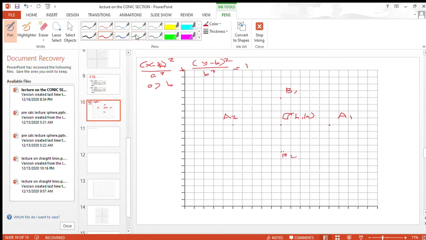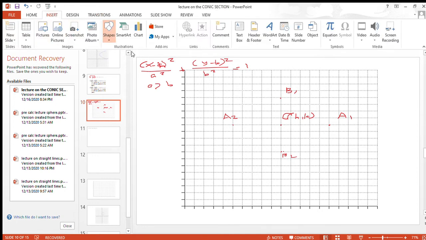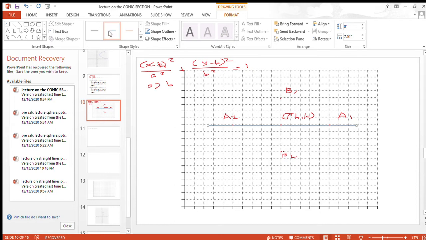And as I was mentioning also earlier, if we now connect A1 and A2 together, that line passes through our major axis. If we now connect B1 and B2 together, that line will pass through our minor axis.